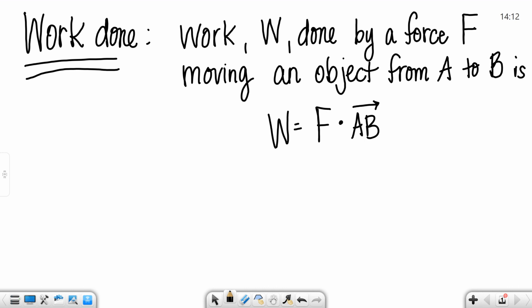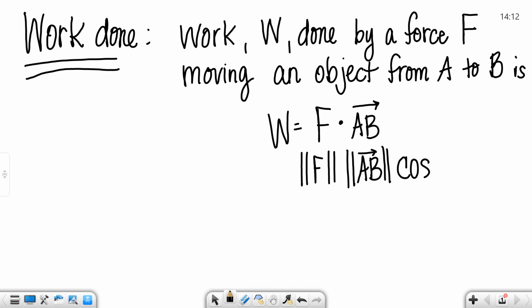Now, when we do this in a word problem, here's what we're going to do. That force, we're going to use its magnitude. That vector, we're going to use its magnitude, and then we're going to multiply by the cosine of the angle. So that's how that translates into what we can do.